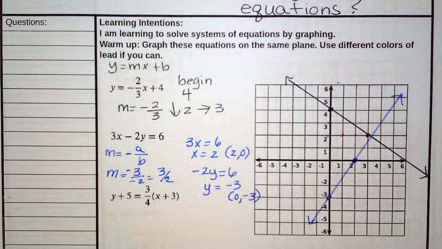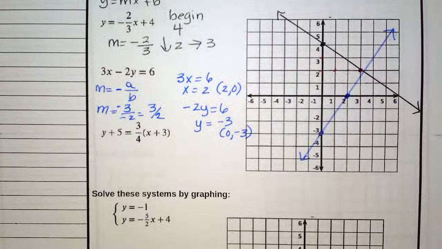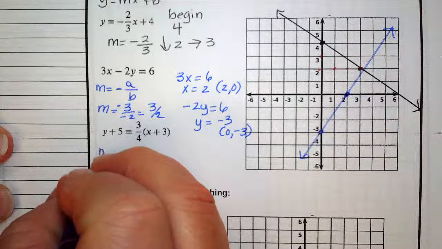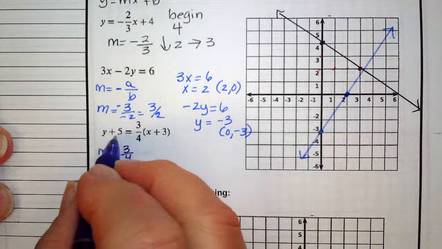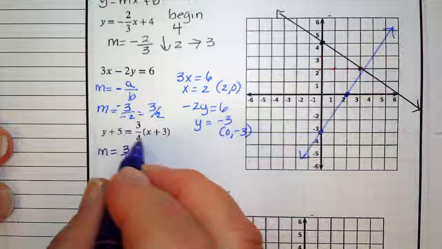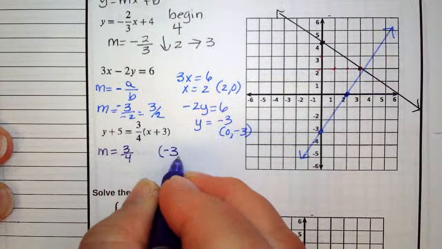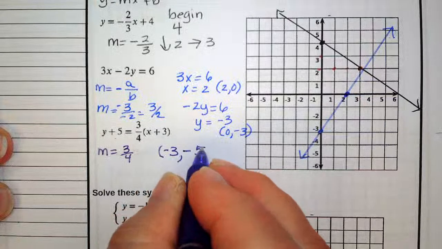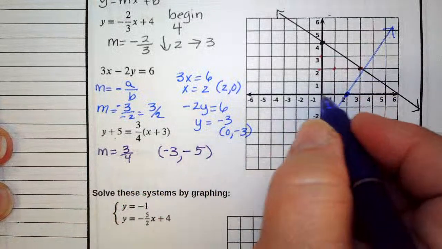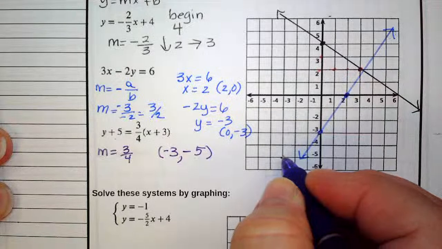And finally, for the last one, this is in what we call the point-slope form. We know immediately what the slope is. And we know that we look for the opposites. The opposite of a positive 3 is a negative 3. The opposite of a positive 5 is a negative 5. So I can start at negative 3, negative 5, which will be right here.